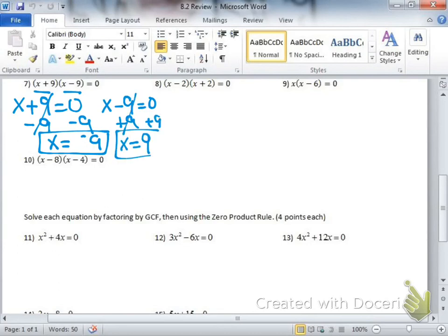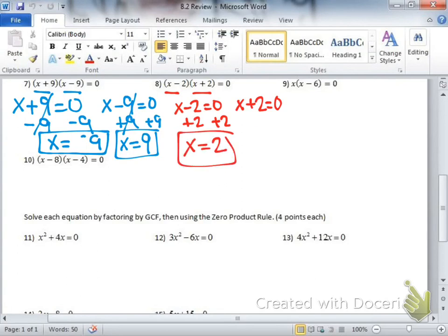So positive 9 and negative 9 are your solutions on that one. Very, very similar problem, but with 2's. So we are going to get positive 2 when we add 2 to both sides, and negative 2 when we subtract 2 from both sides.